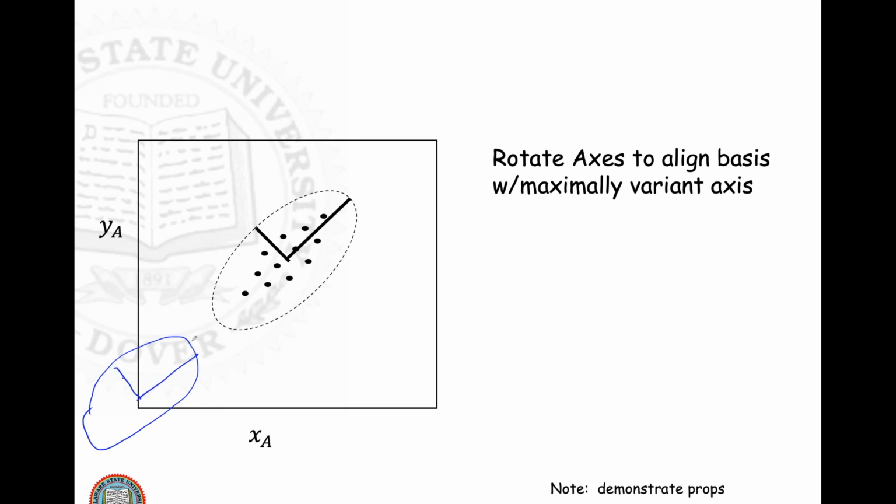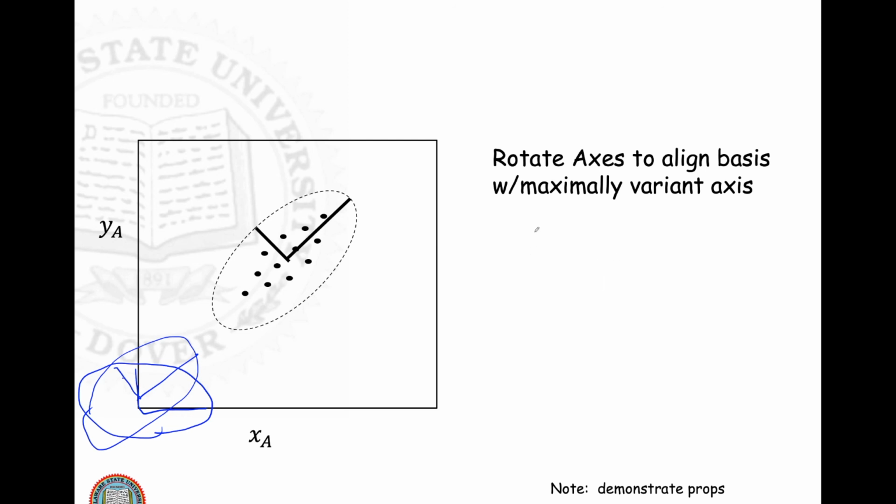And then you're going to rotate your axes, and that's your transformation P, such that it's aligned with XA, YA. And the linear transformation that does that, P, is going to diagonalize our covariance matrix.